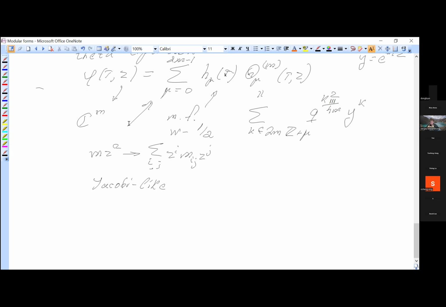Then you can define mock Jacobi forms, which have by definition theta expansion with coefficients given by mock modular forms. So if you have Jacobi forms, their coefficients are just modular. If you have mock Jacobi forms, their coefficients are mock modular.